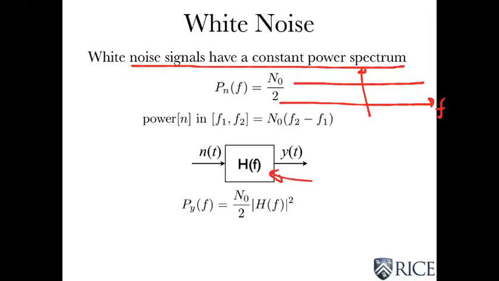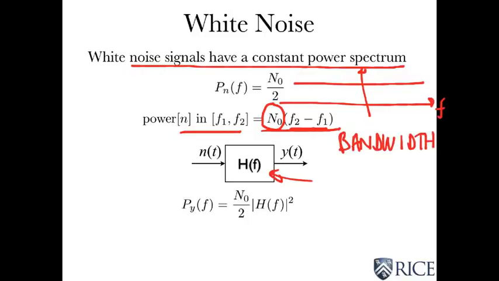So, again, the power in the noise signal within a given frequency range is just going to be given by that, the so-called spectral height, times the bandwidth, the range of frequencies of interest. And that's called bandwidth. So the bandwidth is f2 minus f1.